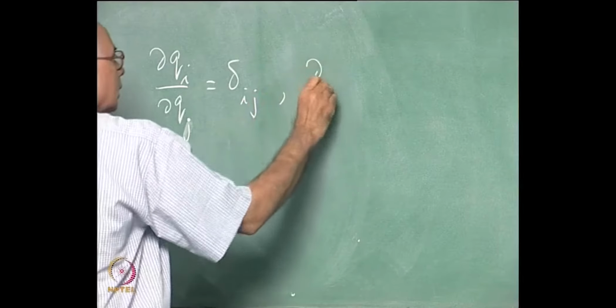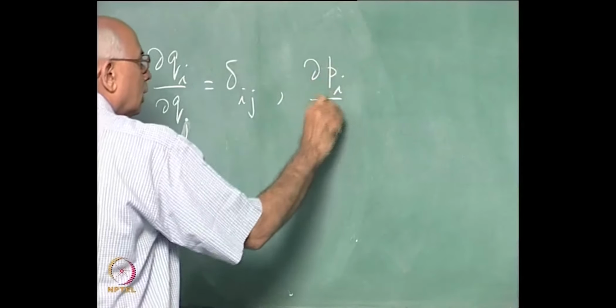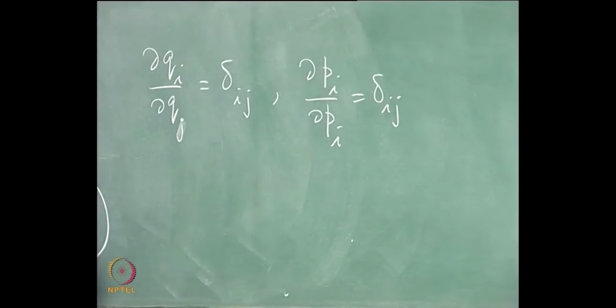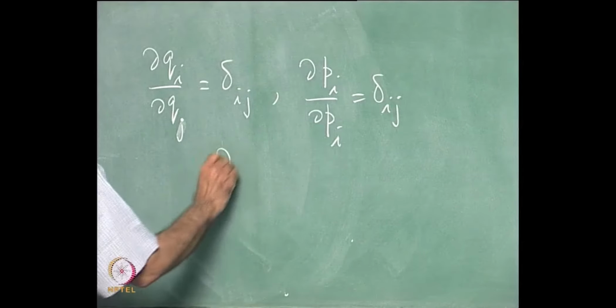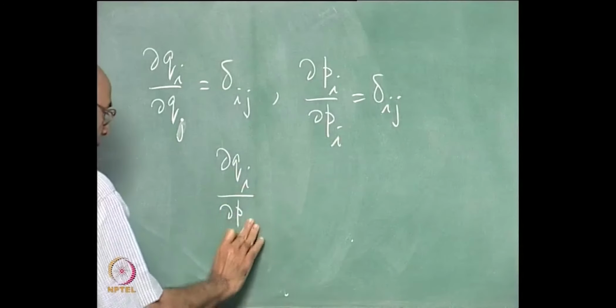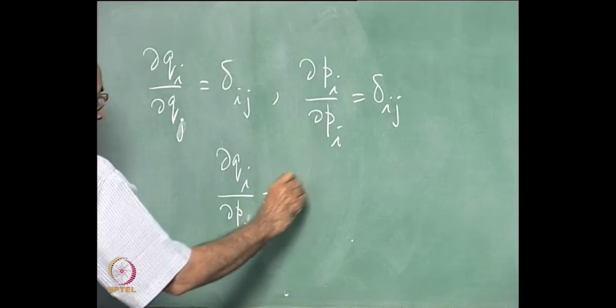Similarly, delta pi over delta pj is delta ij, because the p's are independent of each other unless i equals j, in which case it is identically equal to 1, and the q's and p's are independent dynamical variables. So delta qi over delta pj is always equal to 0.